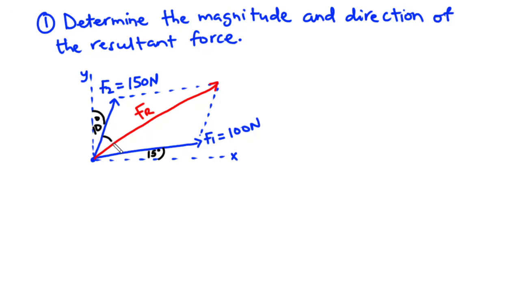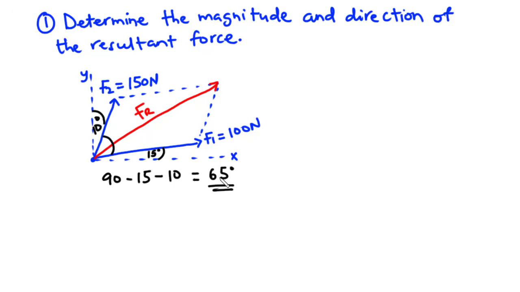So the angle between the two forces is 90 minus 15 minus 10, which is 65 degrees. Now this is so because the angle between the positive y-axis and the positive x-axis is 90 degrees. So if you know the angle between the positive y-axis and F2 and the angle between the positive x-axis and F1, then we can find the angle between the two forces.